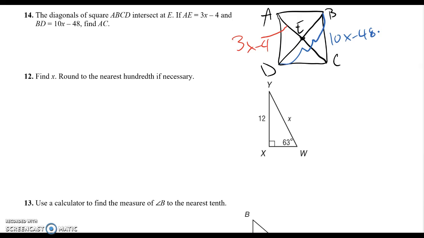So we know from rectangles that our diagonals are congruent, and we know from properties of parallelograms that this is equal to this. But if our diagonals are congruent, then this is also equal to this. So if the whole thing BD is 10x minus 48, then BD is 2 times 3x minus 4. So we can set it up: 2 times 3x minus 4 equals 10x minus 48.